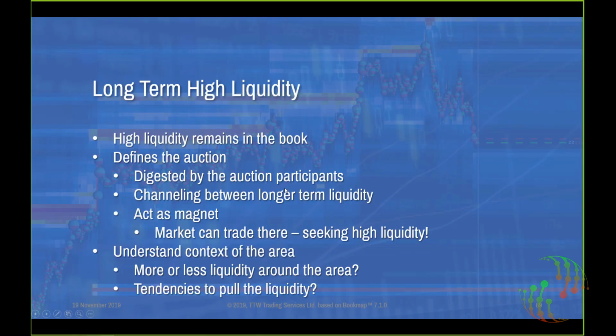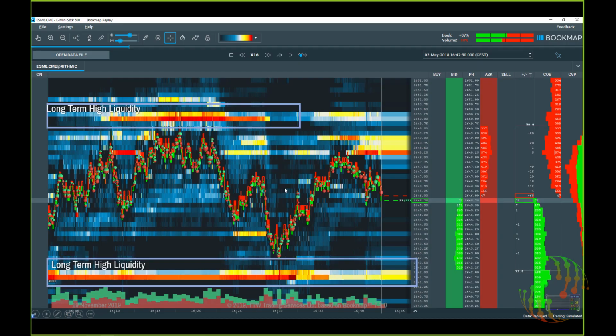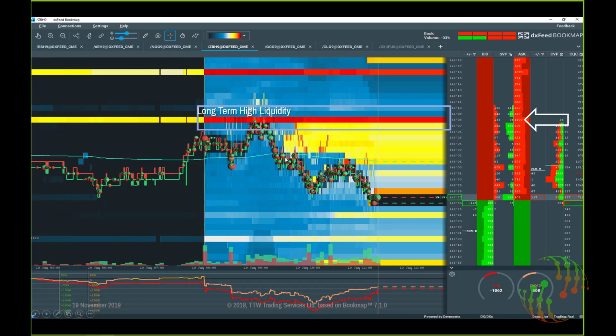This is long-term high liquidity. I would like to define it roughly: anything that is sitting in the book for more than 1 hour is, in my eyes, long-term high liquidity. You will see that it stays in the book for at least, that's not the best example, at least 1 hour.